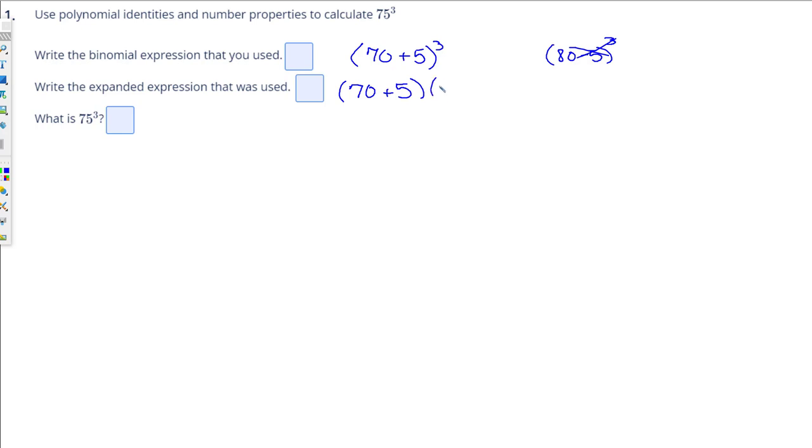And then the second parenthesis was square the first, double the product, square the last. And then 75 squared or cubed is 421,875.